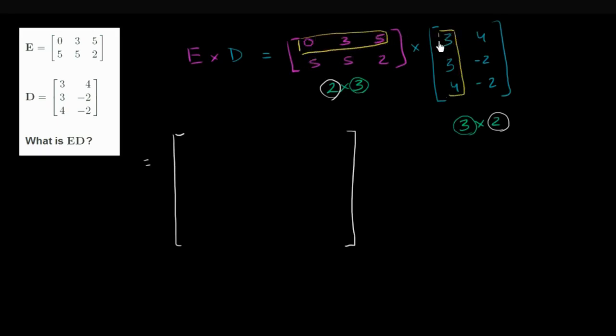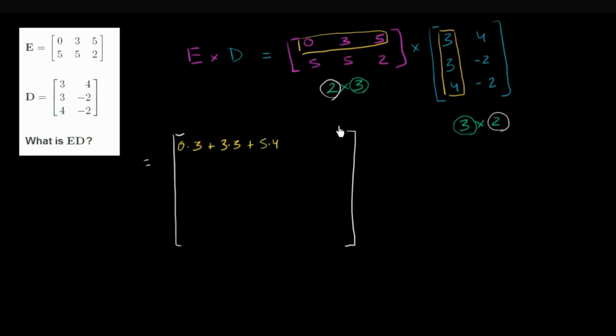If you view them each as vectors and you're familiar with the dot product, we're essentially going to take the dot product of that and that. And if you have no idea what that is, I'm about to show you. This entry is going to be 0 times 3 plus 3 times 3 plus 5 times 4. So that is the top left entry.